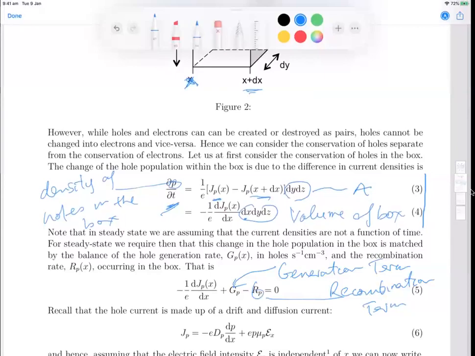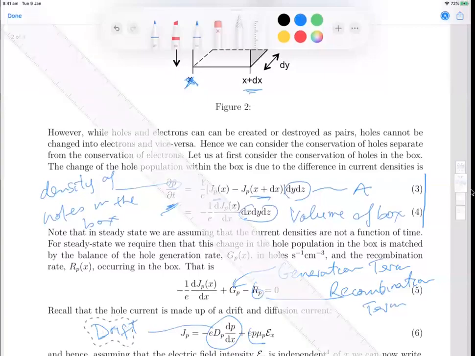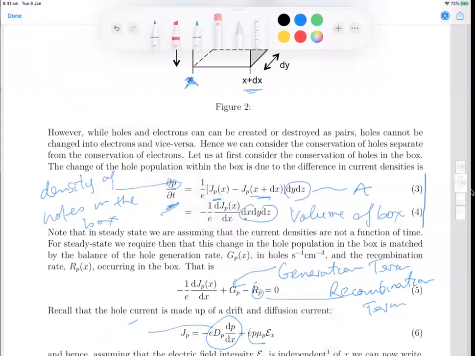Now you might recall that when we looked at the total hole current, it was made up of a drift current term and, sorry, I've got that the other way around. This is a diffusion current term, and this is our drift current.